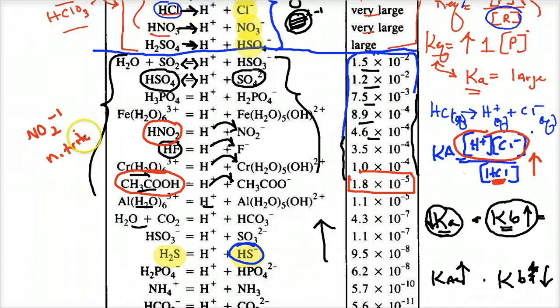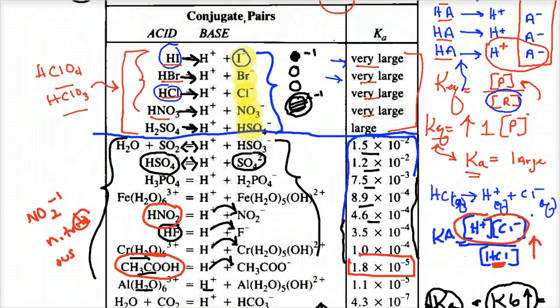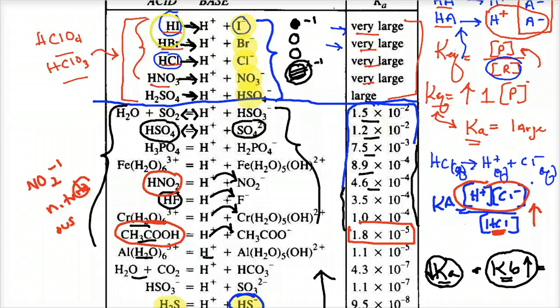And nitrite, ites, become ous. So this is nitrous acid. So ites become ous, ates become ic, and if they're binary, it's hydro-ic. So a little review here: hydroiodic, hydrobromic, hydrochloric. Oh, it's a nitrate, so nitric acid. This is the sulfate ion, so sulfuric acid.